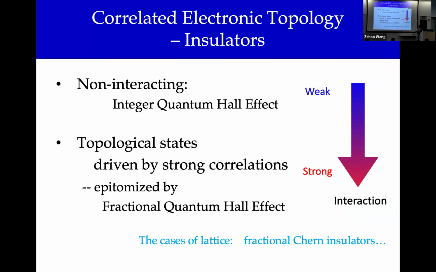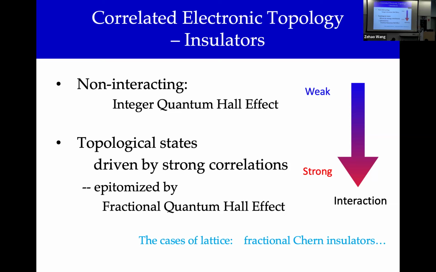So correlated electronic topology for insulators is fairly well established. The integer quantum Hall effect can be understood based on the band structure, and if you get to the fractional quantum Hall effect, interactions play a central role, and these are the kind of questions that continue to be of extensive current interest.